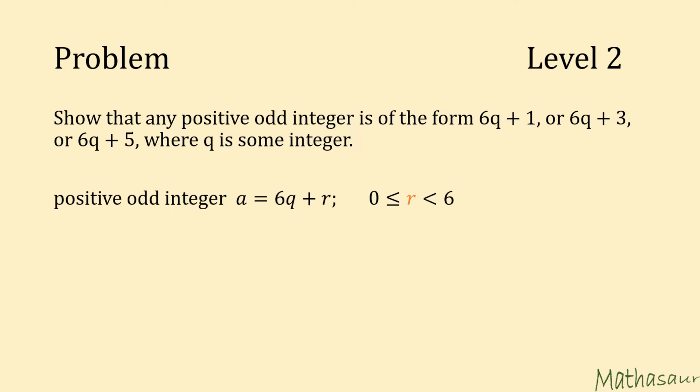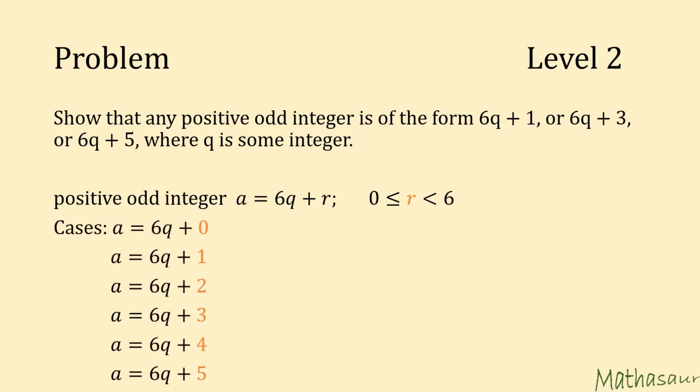Now r has to be less than 6. So we shall get 6 cases where r has values 0, 1, 2, 3, 4 and 5. Now let us look at the first case. a = 6q + 0. We could write this as 2 times 3q.